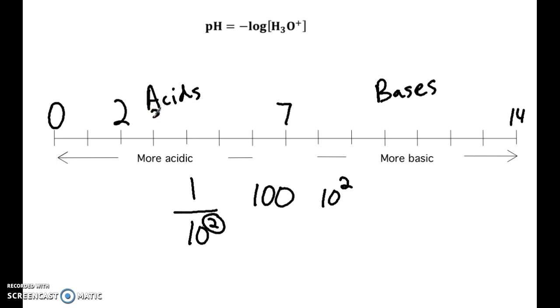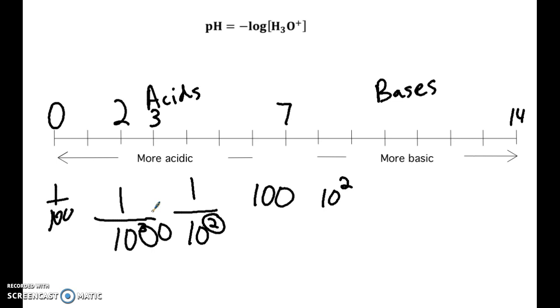If it has a pH of 3, it would be 1 over 10 to the third. This is 1 over 100. This is equal to 1 over 1,000. So it's becoming a smaller number.